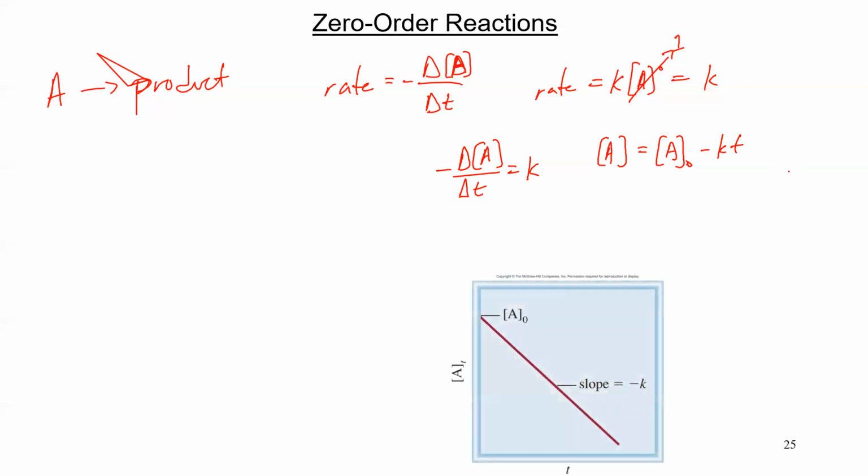And so we have our graph here. Notice that in order to get a straight line, we don't have to do any natural logs. We don't have to do any 1 over. We just have a straight line, concentration versus time.